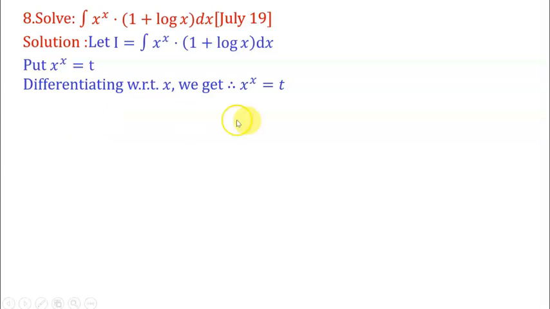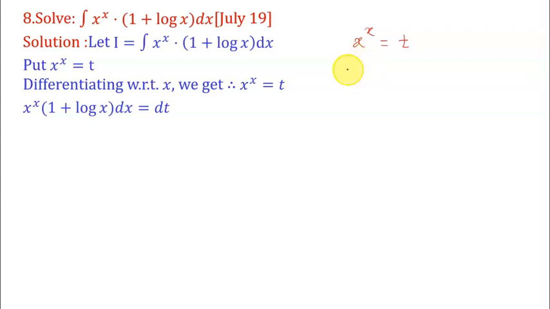And differentiating this with respect to x, you will get x raised to x into (1 plus log of x) dx equals dt. For this differentiation, we apply taking the log on both sides.